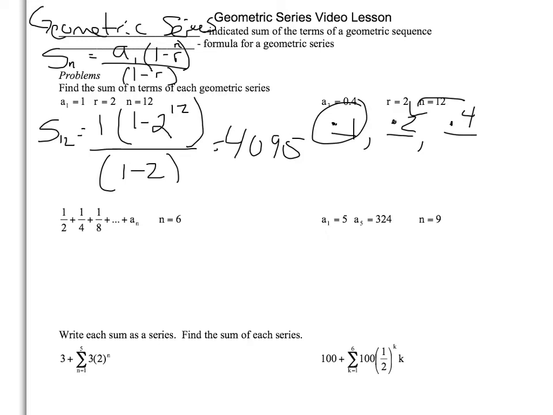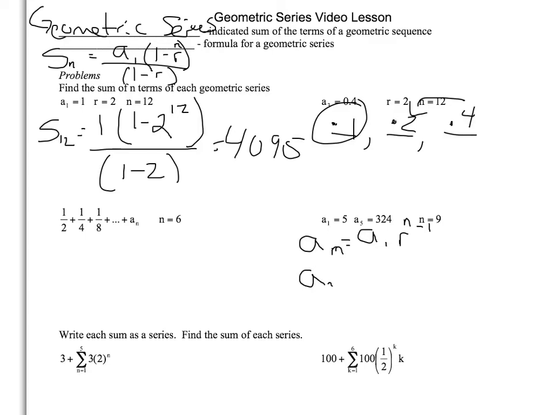Looking at our next one here, I am going to have you guys try this one, but I will do this last one here because that's a little bit more difficult. To use that formula, we do need to know our r value. So to figure that out, we are going back to our formula from yesterday, which is An equals A1 r to the n minus 1.